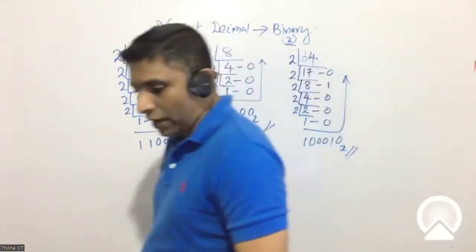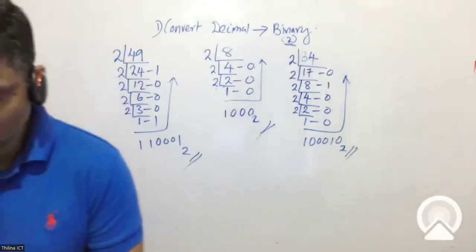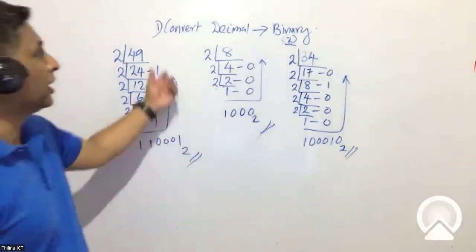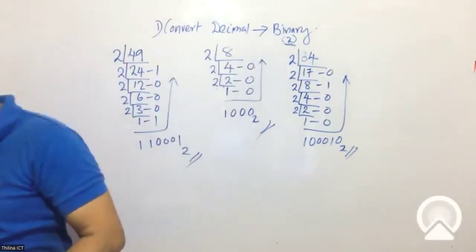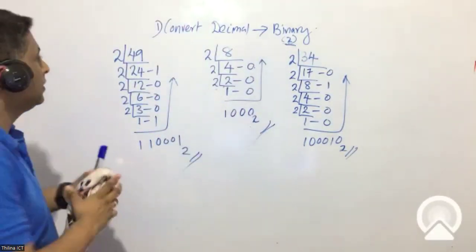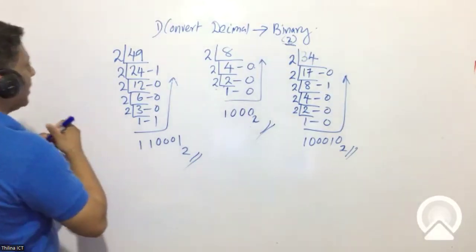Anyway, right. Let's move into the other conversions. Other conversion instance, we got only one conversion. So what is that? Binary to decimal, other way around. So how to convert? For the moment, we'll keep these three answers, right?